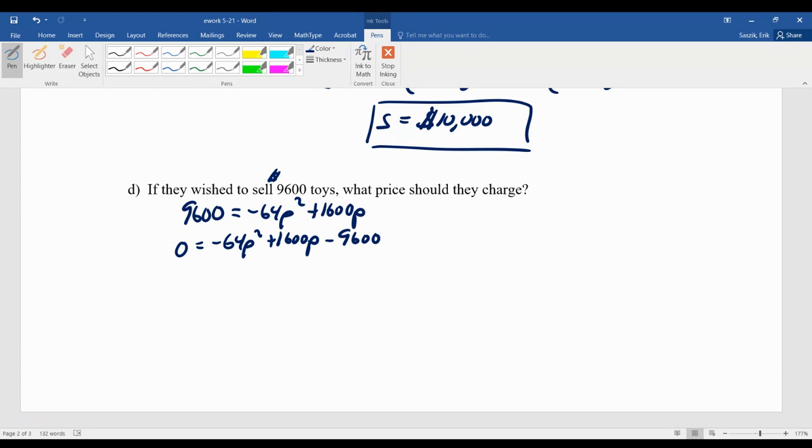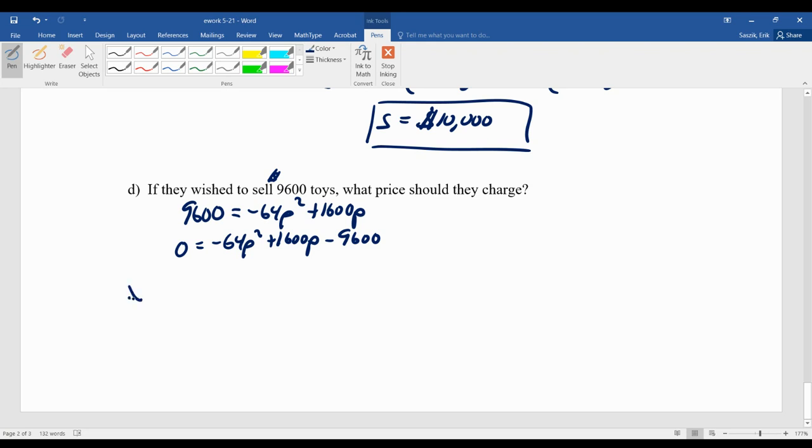Let me grab a calculator here. Even if I took out a GCF, 64 does go into 9,600 and 1,600. But I still have these numbers that are kind of big. I think most of you would probably go to the quadratic formula, which is fine.